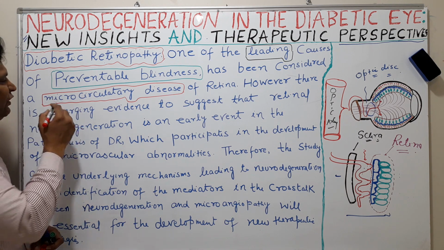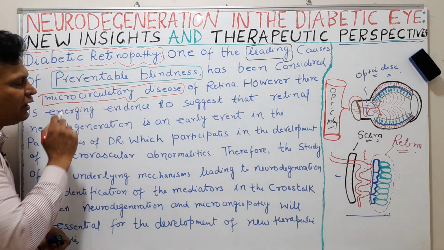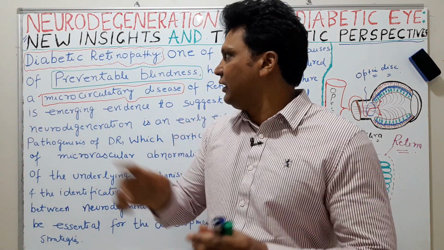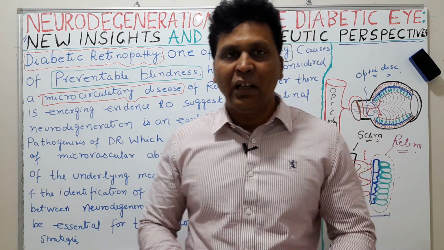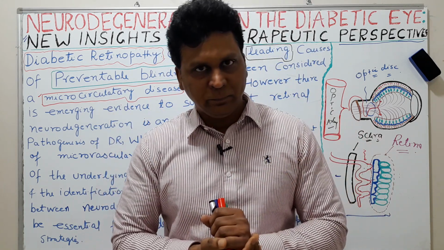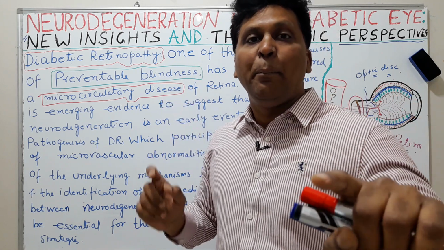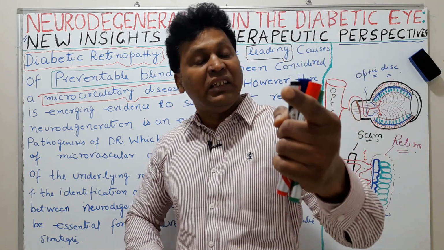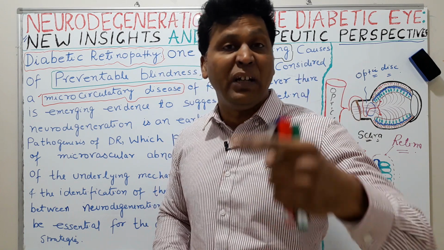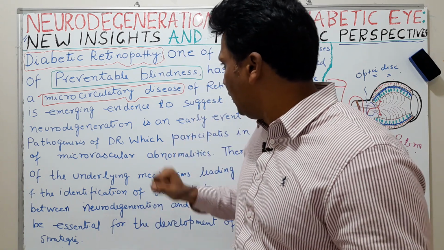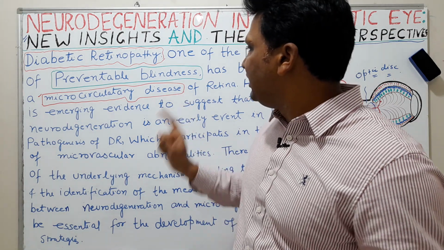Initially it was considered a problem in the blood vessels. Diabetic retinopathy is one of the leading causes of preventable blindness, blindness which can be avoided or mitigated, but it should be treated at the right time. And it is a microcirculatory disease of the retina.